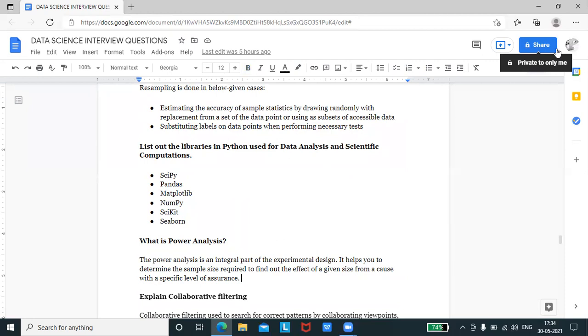Power analysis is directly related to tests of hypotheses. While conducting tests of hypotheses, the researcher can use the feature of power analysis.